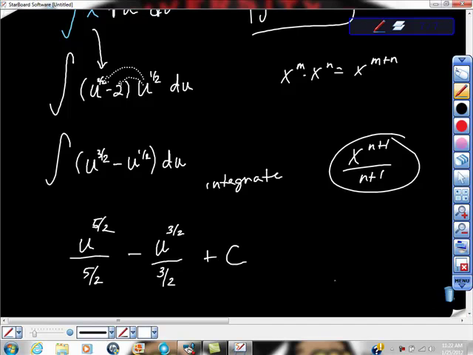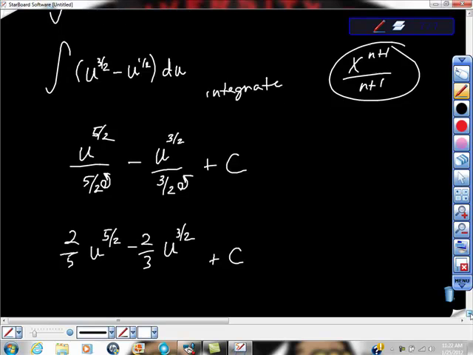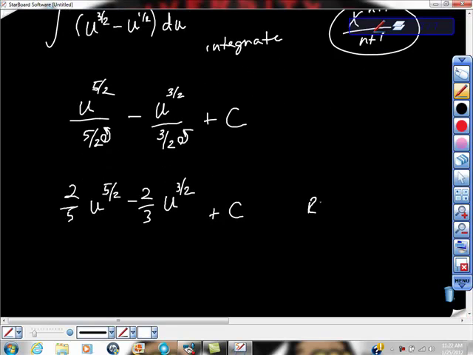plus c. If you're taking the AP exam, they're going to ask you to clean this up a bit, so remember that this is a complex fraction, so this thing comes up as its reciprocal. So 5/2 comes up as 2/5 u to the 5/2 minus, and 3/2 comes up as 2/3 u to the 3/2 plus c, and that might be your answer, or you could always resubstitute.